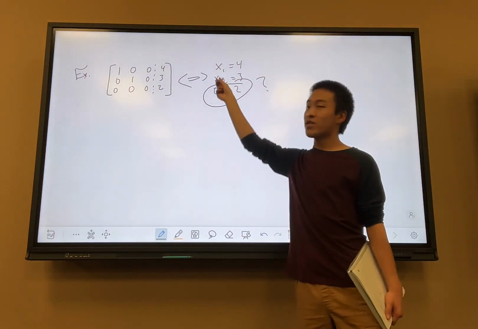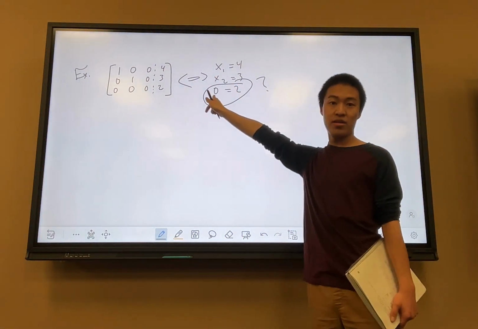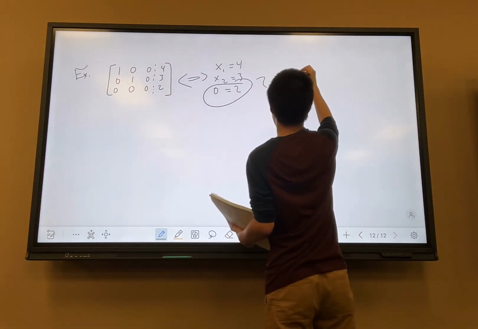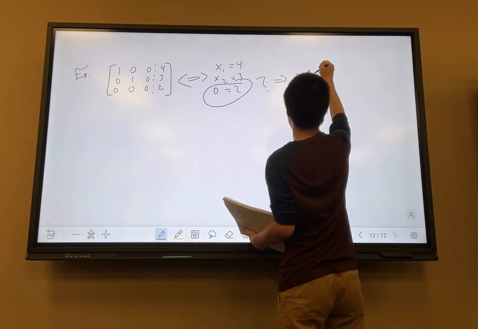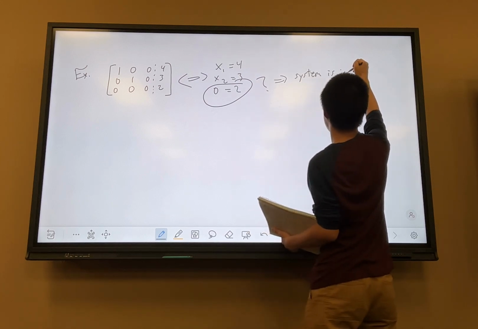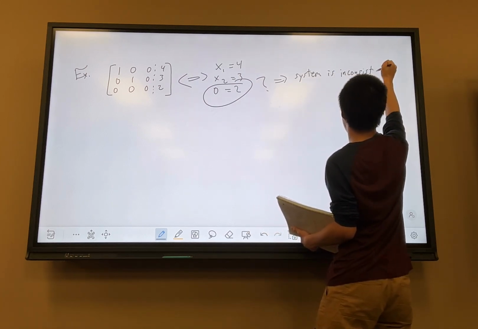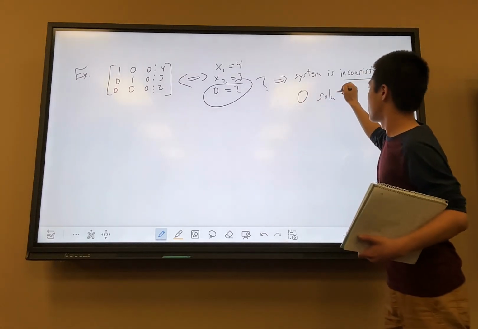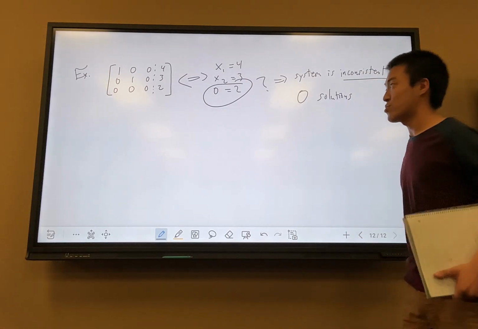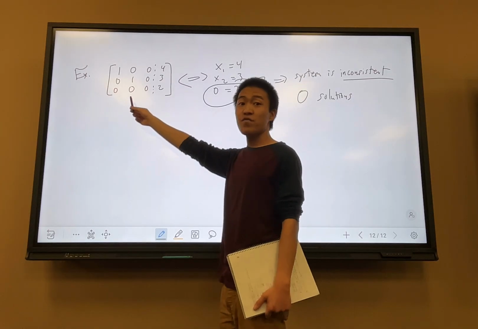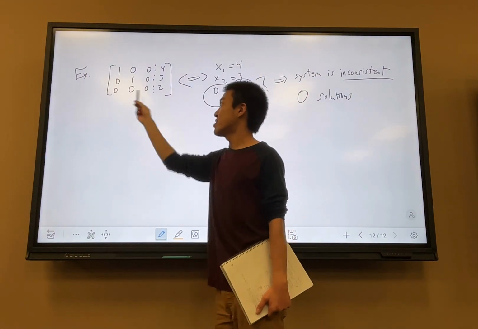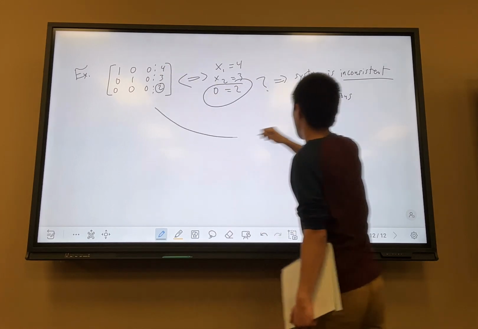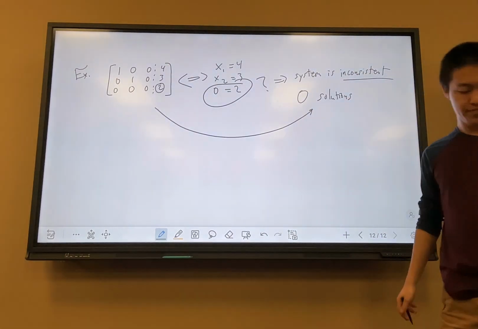So even though we have a solution for x1 and x2, there's just no way that this works. And so this implies that the original system is inconsistent because there are 0 solutions. It's impossible for there to be solutions. And we could have known that all from just looking here and seeing that there's a pivot in the rightmost column. So that could actually get us to that conclusion, just like that.